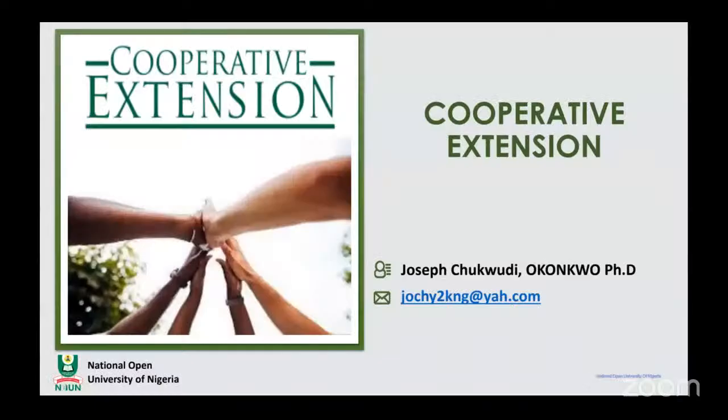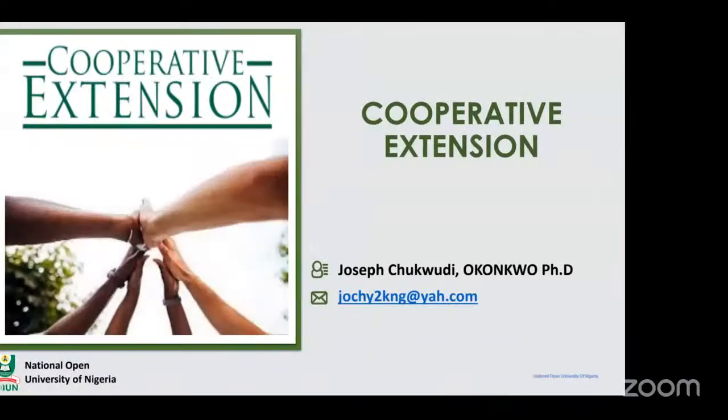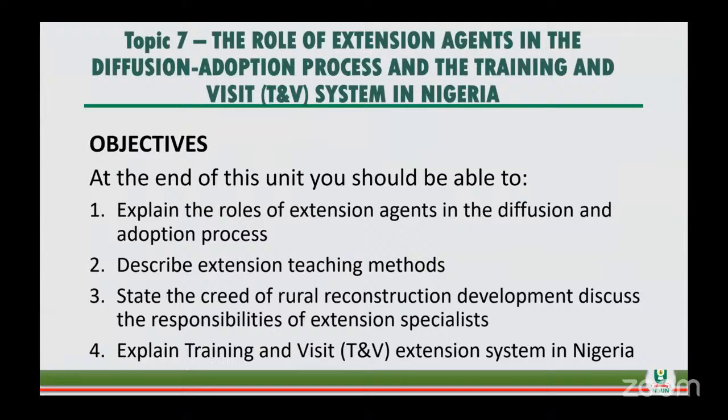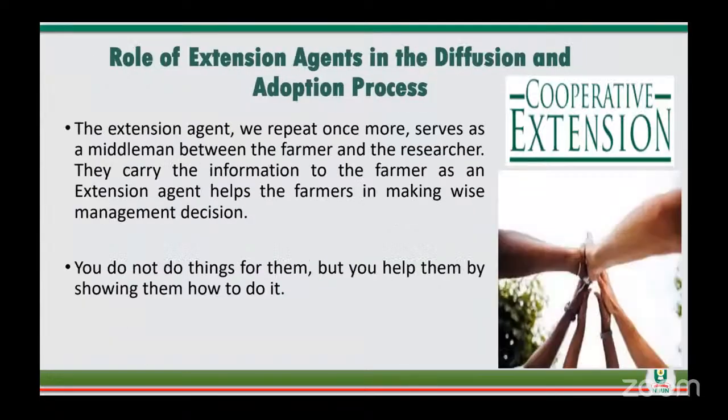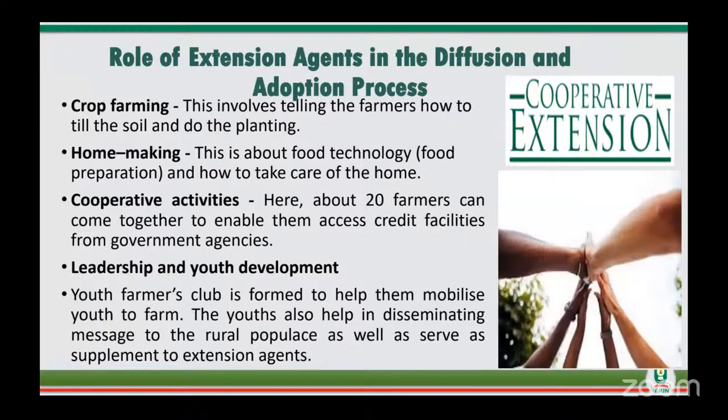All right, let me share my slide again. Now, for cooperative activities, how does the cooperative extension agent go about assisting the farmers? For example, the minimum number of persons that forms a cooperative is 10, and about 20 farmers can come together to enable them access credit facilities from government agencies and all that.